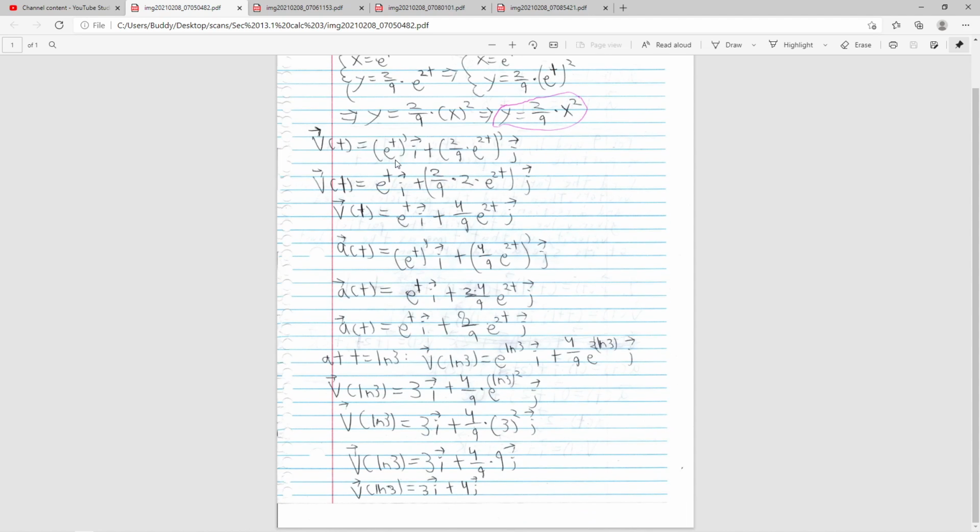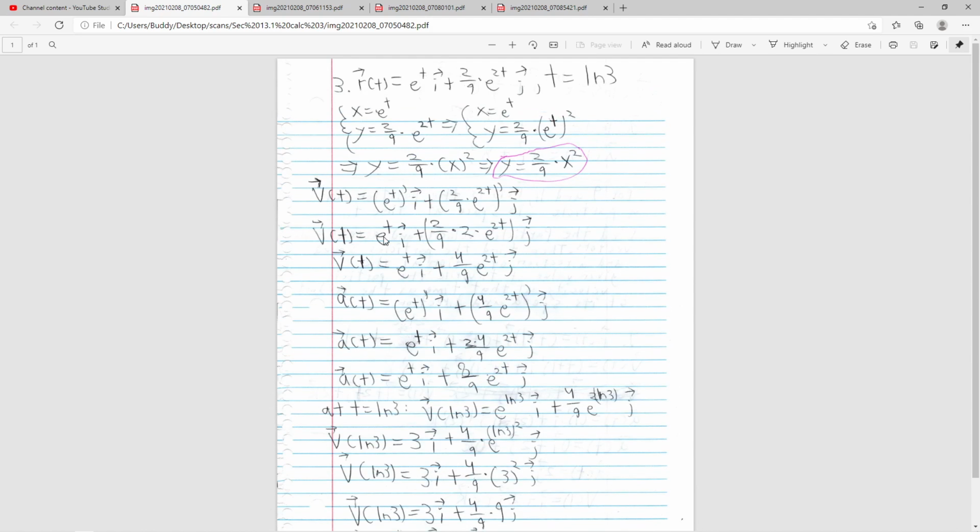So v at t is equal to, I put the primes here to show it, the derivative of e^t and the derivative of 2/9 times e^(2t). The derivative of e^t is just e^t, because it's e^t times 1, since the derivative of t is 1.